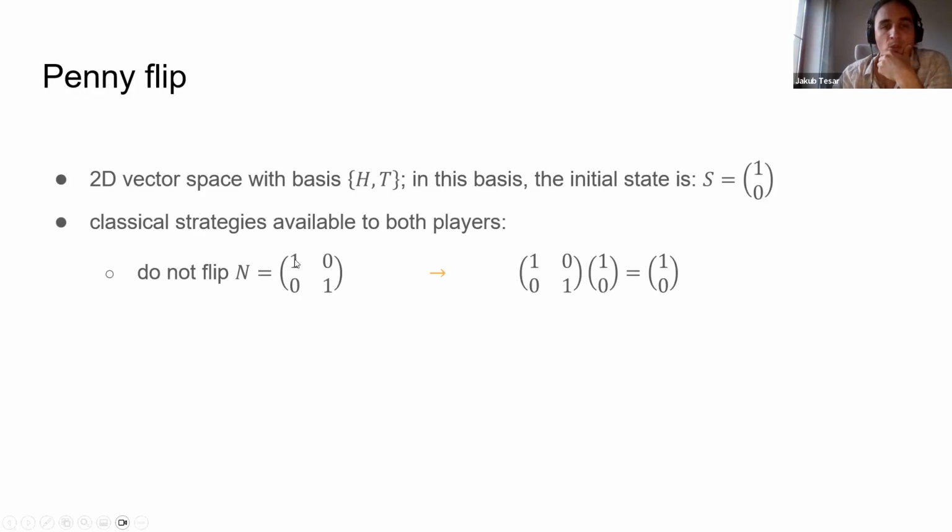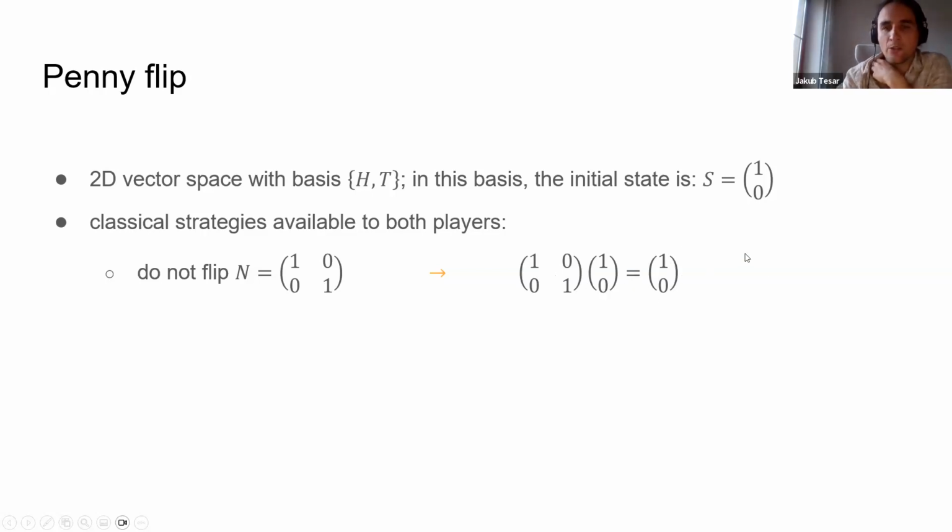We need these operations, these matrices that represent the strategies in the game. Do not flip means that you apply the identity matrix to the vector. If you multiply this matrix with the vector, you will get the same vector.